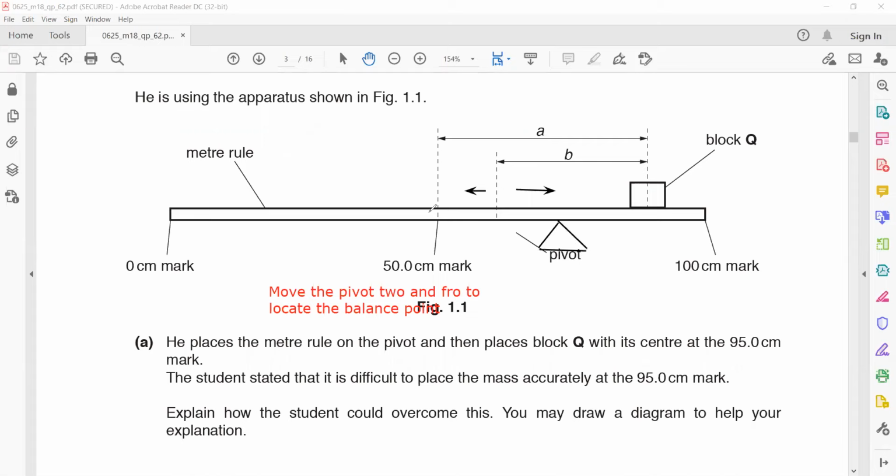Then you will find that it rotates or tips in the anti-clockwise direction. So you can conclude that the pivot, the center point, should be between these two markings. When I place it at A, the clockwise moment is more. When I place it at B, the anti-clockwise moment is more. So I should place the pivot in this region, to and fro, so that I can locate the exact point.